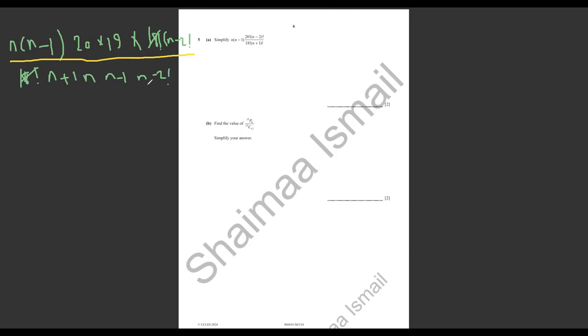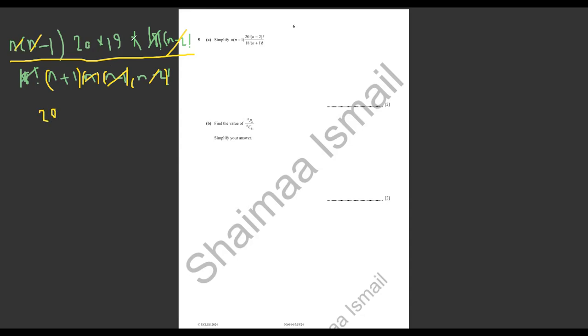So here I'm going to cancel n minus 2 with n minus 2, n minus 1 with n minus 1, and n with n.